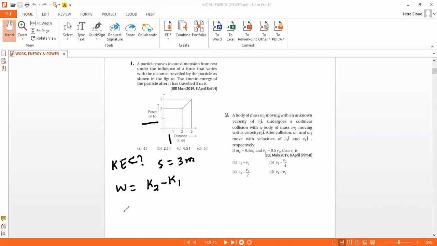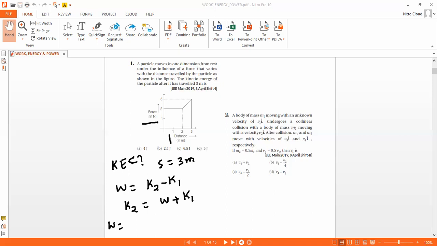The initial kinetic energy is that when s is equal to 0. So I need to find the final kinetic energy, that is work done plus initial kinetic energy. Work done I can find as the area under the curve.